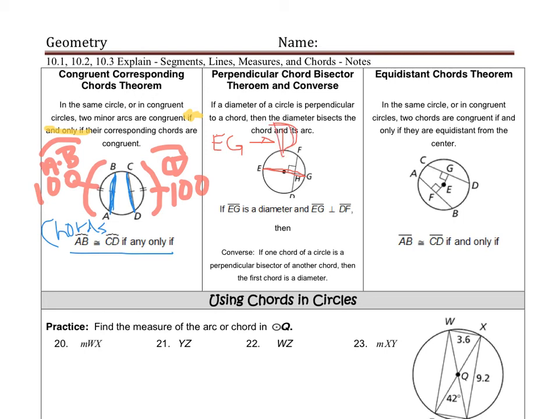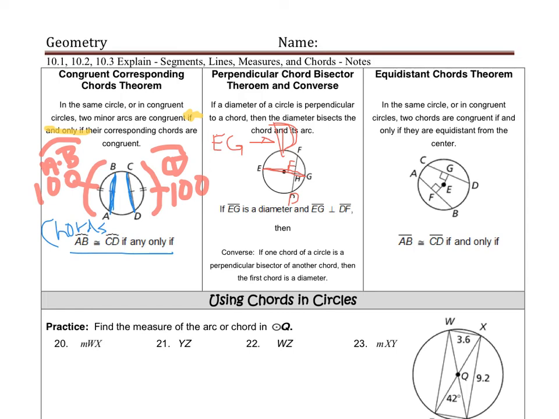Well, then this other part, FD, that's our chord. Well, if EG intersects it perpendicularly, and that's what they tell you right here, then it's bisecting it.